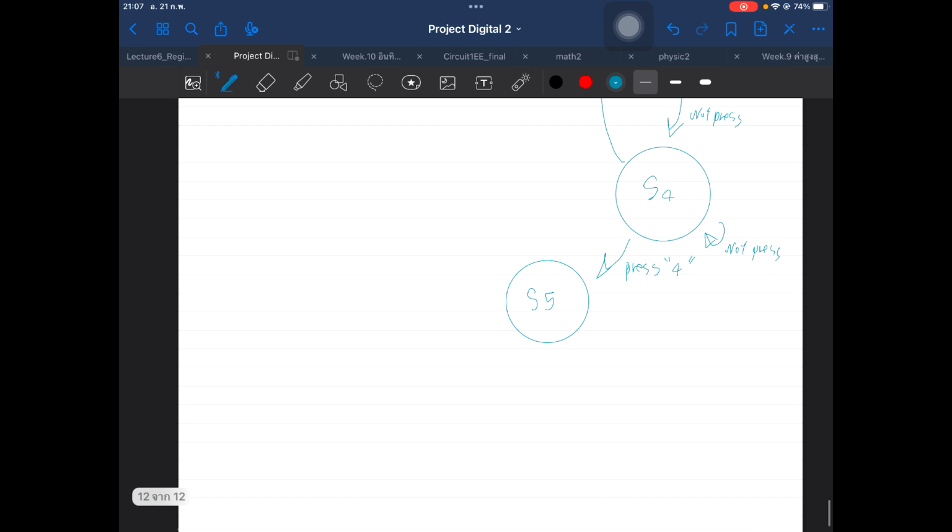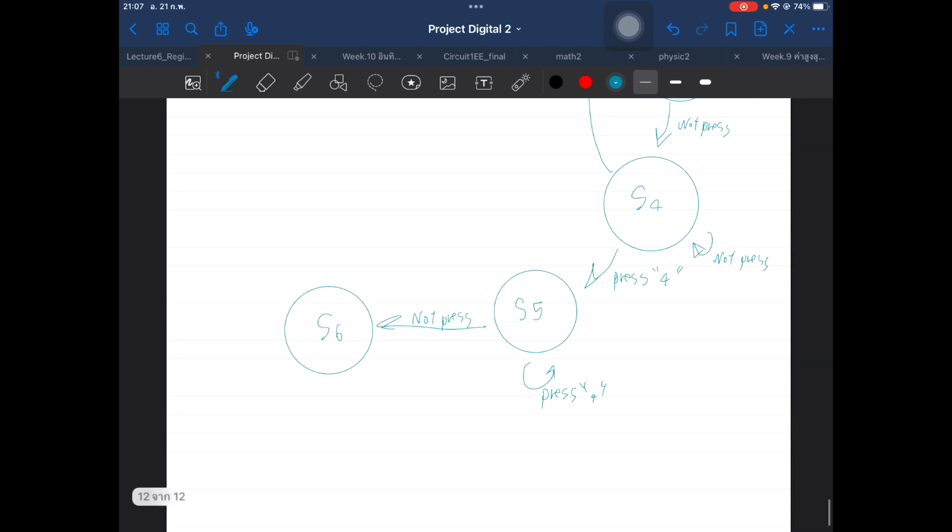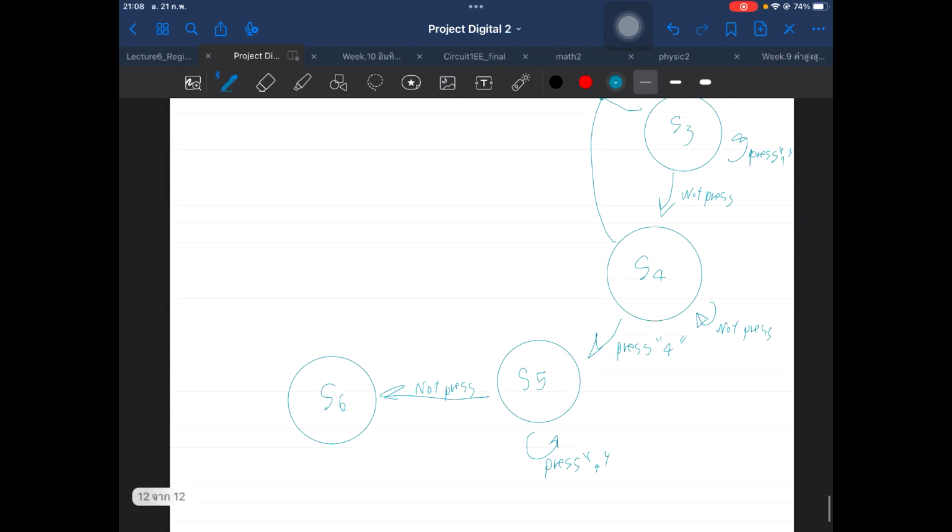And state 5. In state 5, if you release the button, it will go to the not press case, and then it will go to state 6 immediately. But if you still hold number 4, it will stay in state 5.